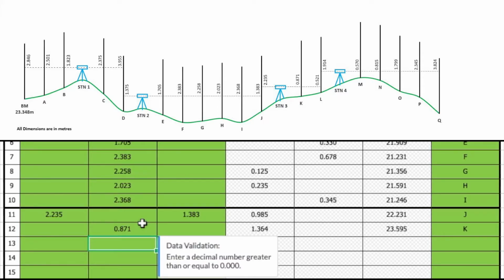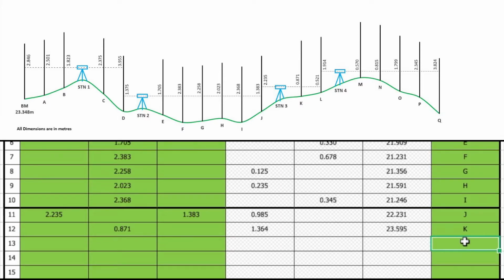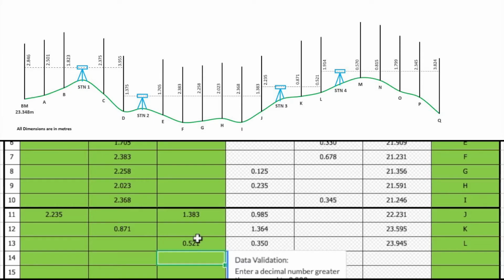At station 3, point L is the last reading, so this value is entered underneath the foresight column, 0.521. The staff is held at point L.